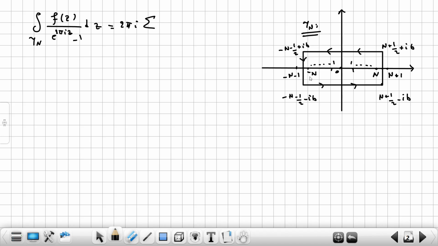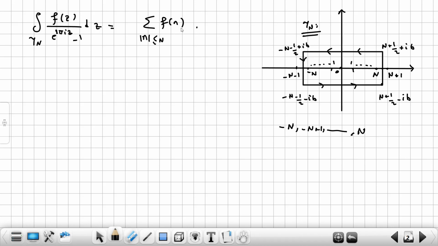The poles inside this rectangle are from minus N plus 1 till N. So the sum runs between minus N and N of the residues, which are equal, as we said, to f of n over 2 pi i. This 2 pi i cancels out with this 2 pi i, and we conclude that this integral is equal to this summation.